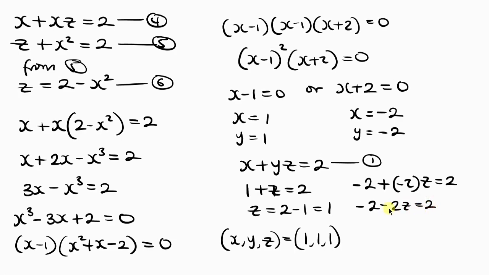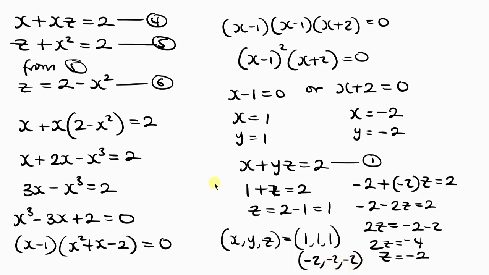So when I move negative 2z to the other side, I get 2z equal to, this becomes negative 2, which results into negative 4. So the value for z, by dividing both sides by 2, is equal to negative 2. So other value pairs for x, y, and z is x is negative 2, y is negative 2, and z is also negative 2. So this is for our first case.